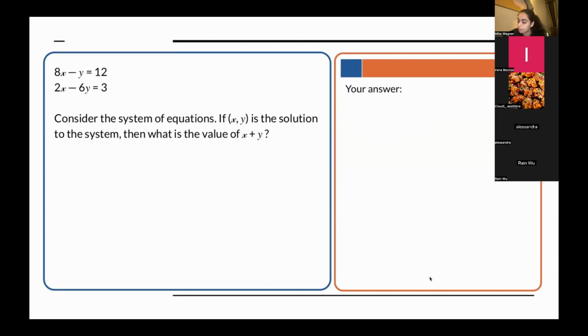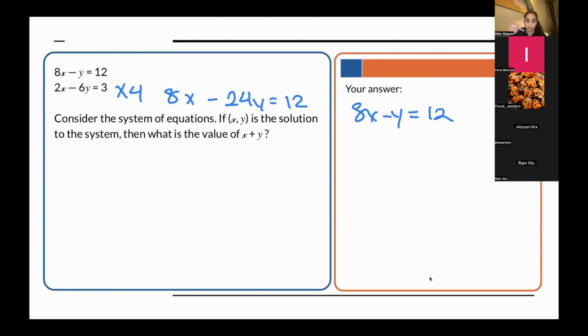I can either multiply the second equation by 4, so we can cancel out the 8x, or you can multiply the first equation by 6, so you get 6y. 4 is a smaller number, so let's just do 4. So we have 8x minus y equals 12, and then times 4, we get 8x minus 24y equals 12.